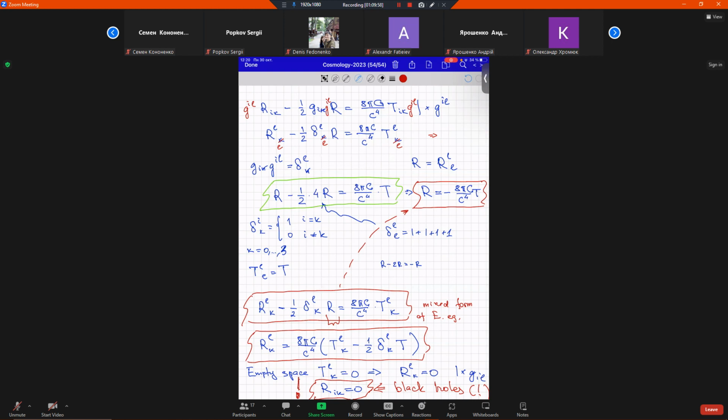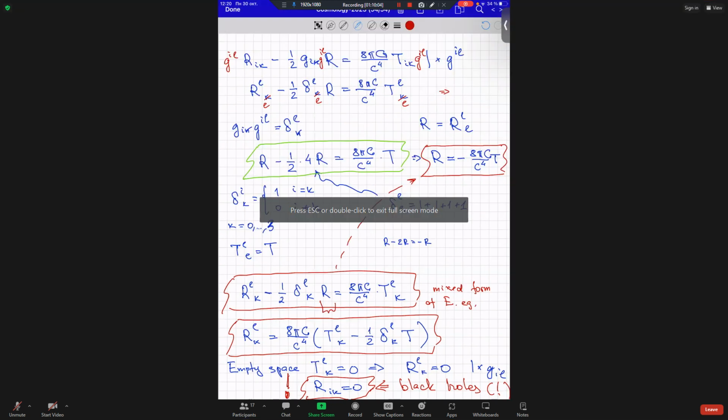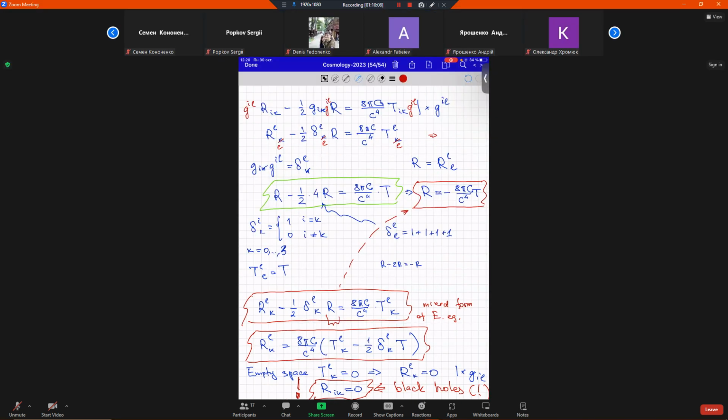So this is the point. The spherically symmetric solution of this equation, called the Schwarzschild metric, which I will discuss a little in the next lecture, tells us that this non-trivial solution depends only on the mass, if we speak only about the Schwarzschild solution.